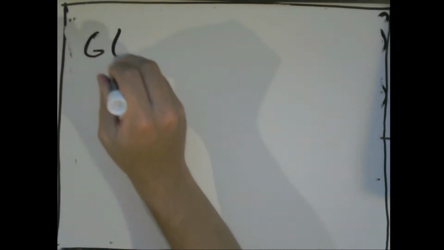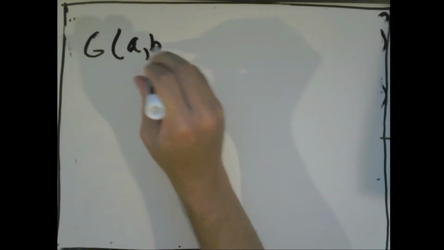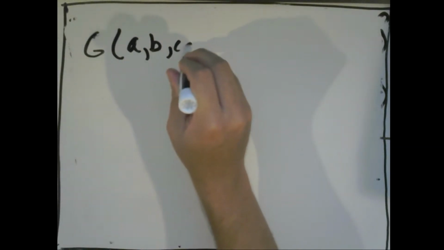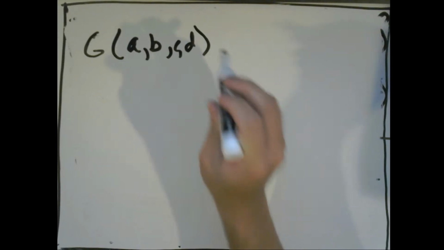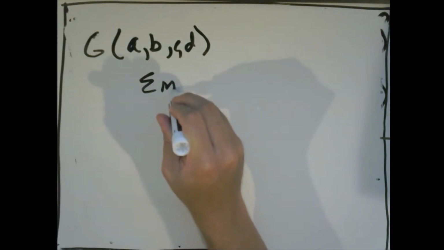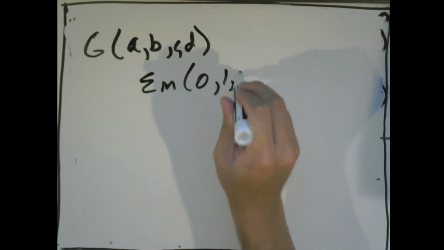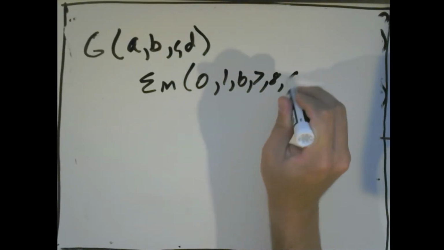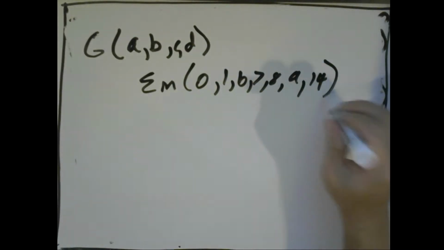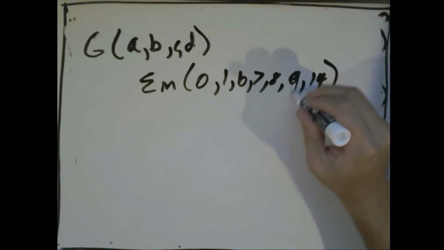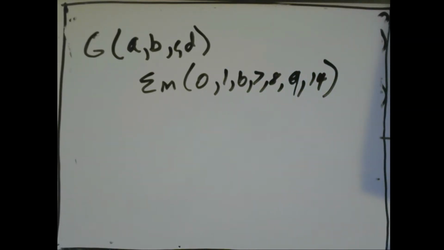Let's just go through how to do a K-map real quick. We have one equation here that's this G function. This is equal to the sum of minterms 0, 1, 6, 7, 8, 9, 14. So how should we go about doing this?